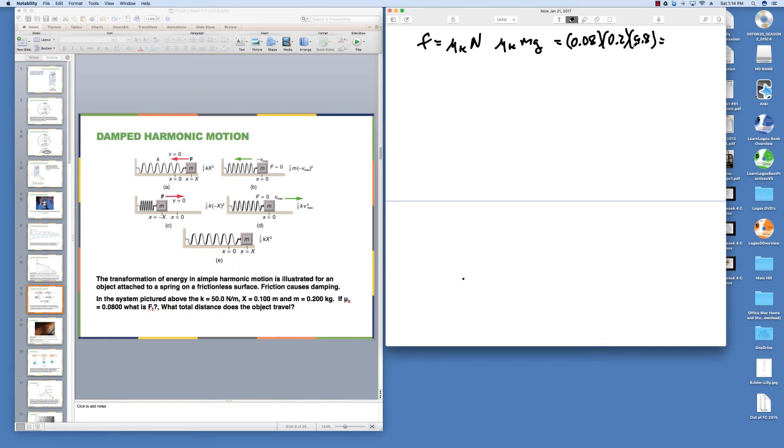And if we look at the math calculation here, we get 0.157 newtons. So that is the amount of friction force that has to be overcome to keep this object moving.